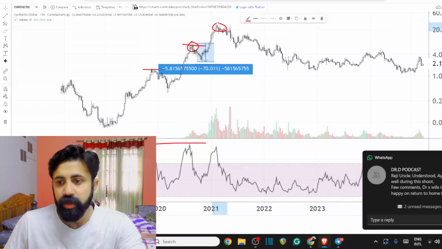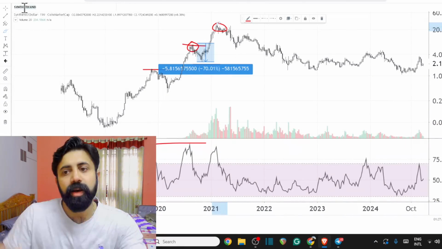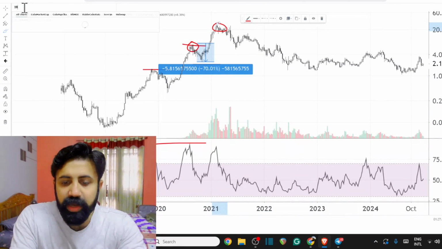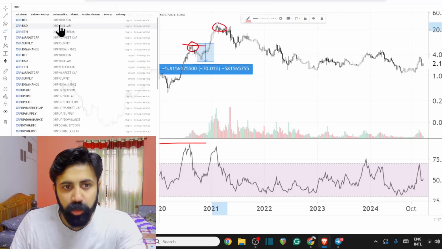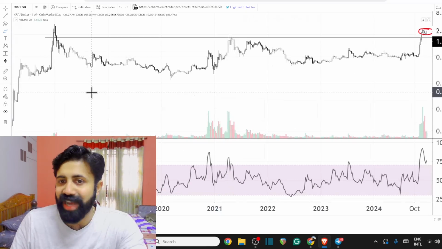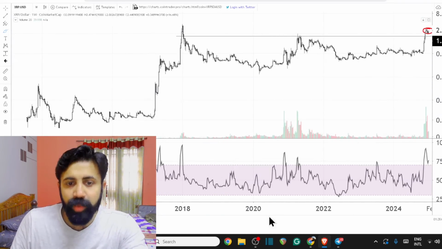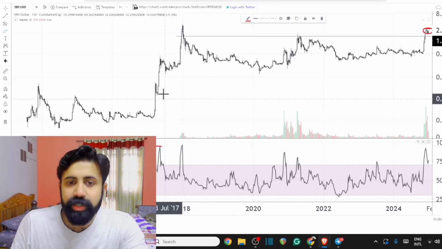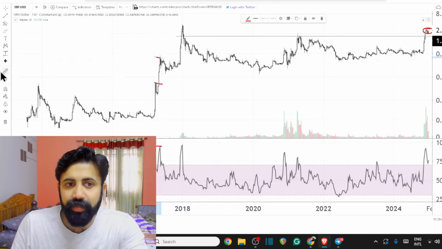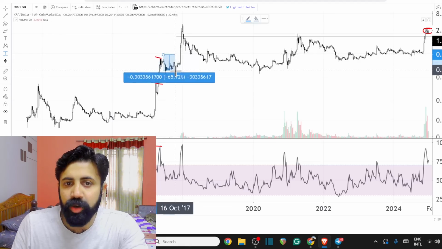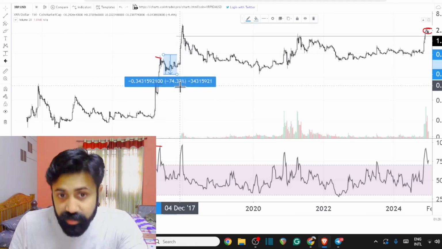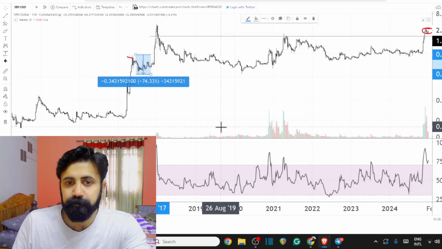So the question is, do all the other assets abide by this rule? Say you pick up XRP for that matter. For most of us, that asset matters a lot. So you're up here, you're watching this on a weekly. You got the first divergence here, and that showed the price may drop. The price did drop 75%.